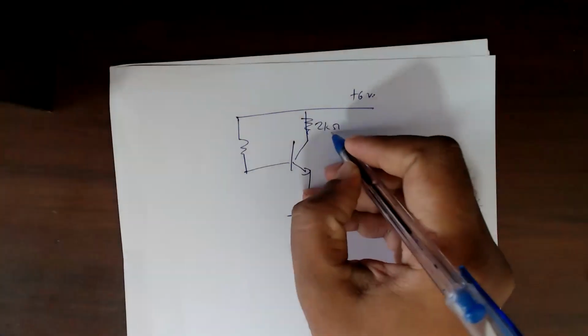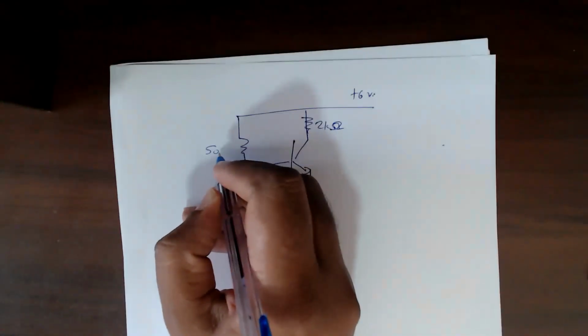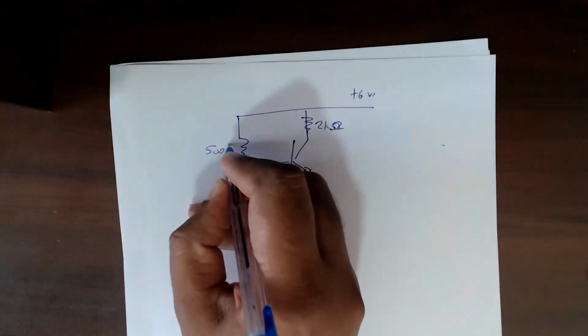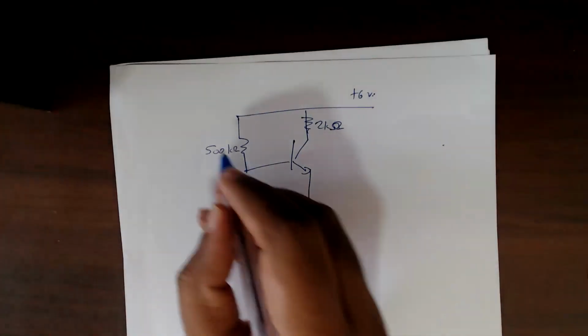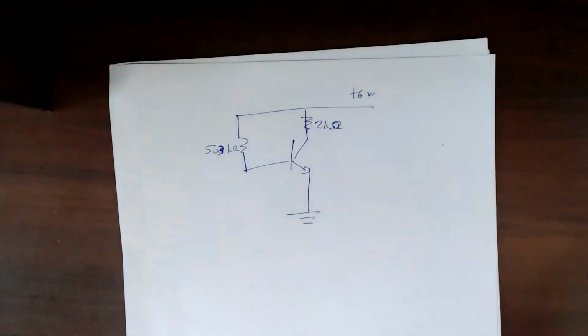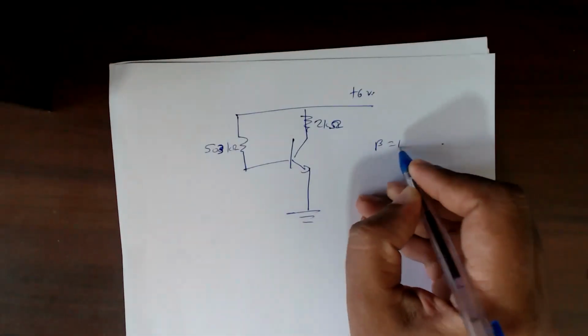Okay, so we have 2 kilo ohms here, and this one has 503. I don't know, let's say 500 kilo. It's 503, we'll keep it 503 then. And it says beta is 100.